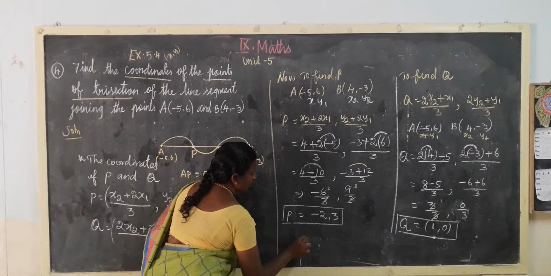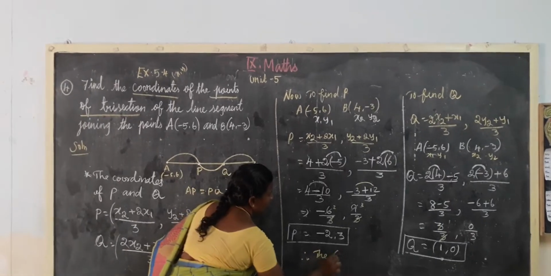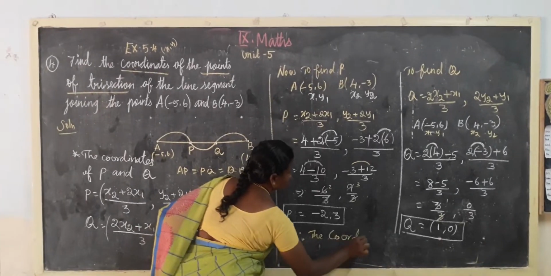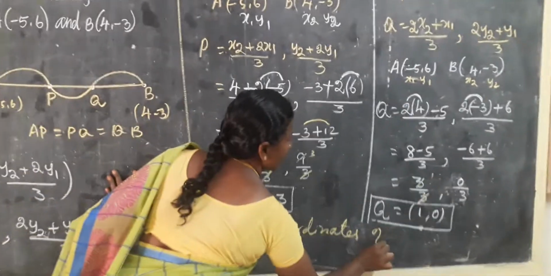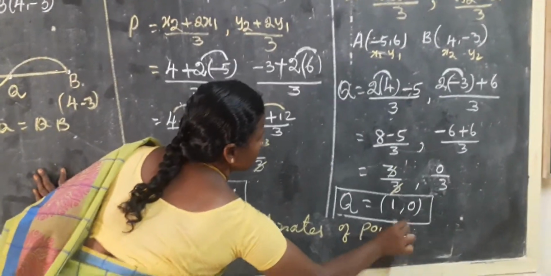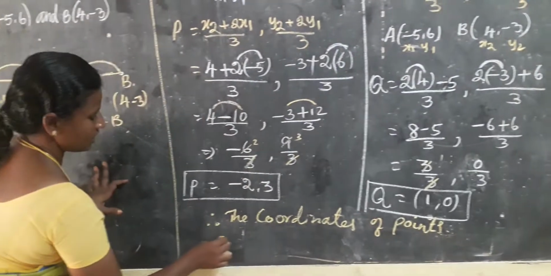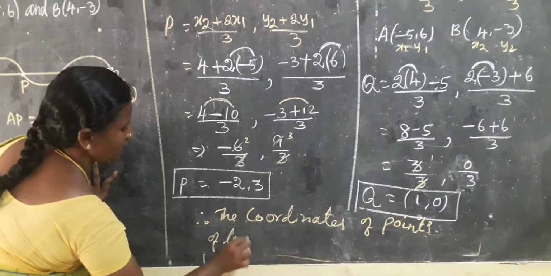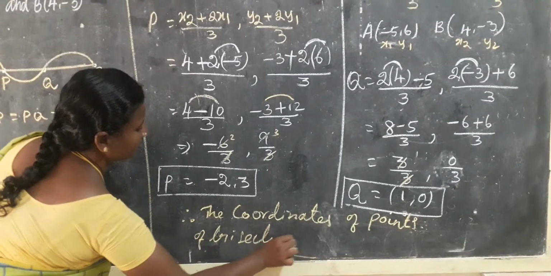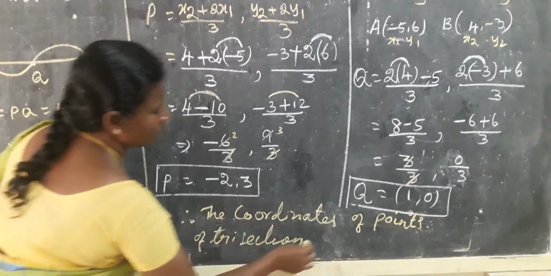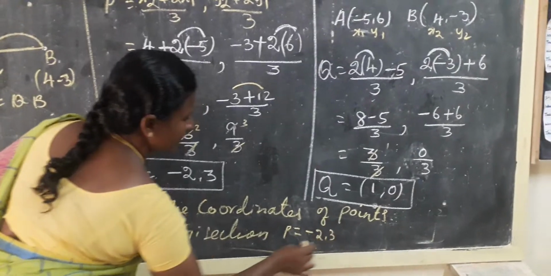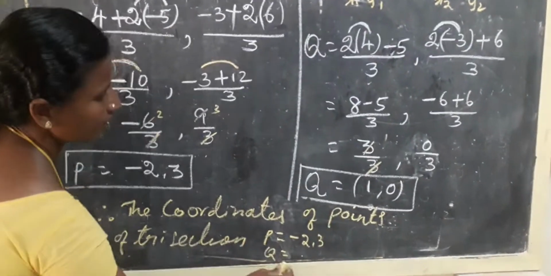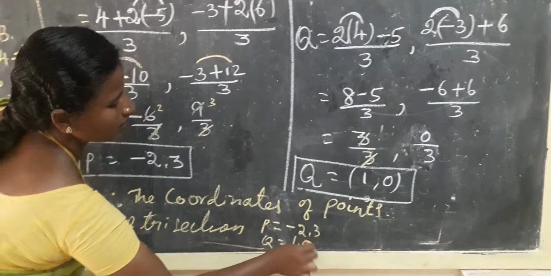Therefore, the coordinates of the points of trisection: P is equal to minus 2, comma 3, and Q is equal to 1, comma 0.